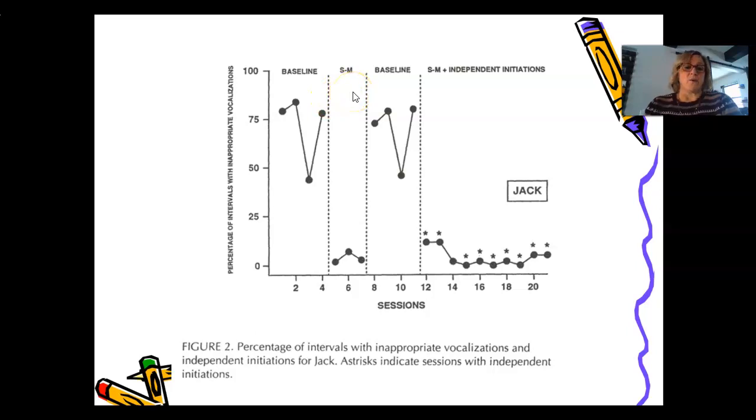When we implemented the intervention, which was self-monitoring for the student, we saw an immediate change in level. We had 0 or close to 0 rates of the problem behavior, the inappropriate vocalizations.